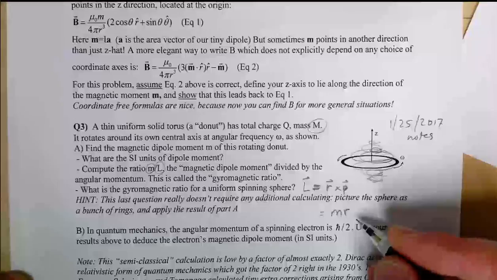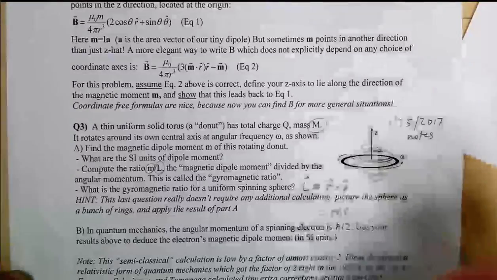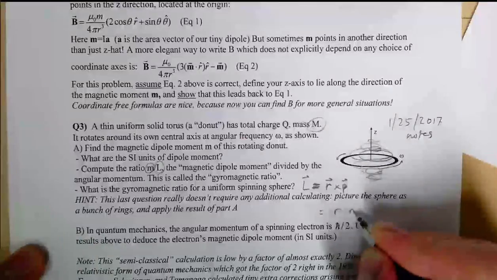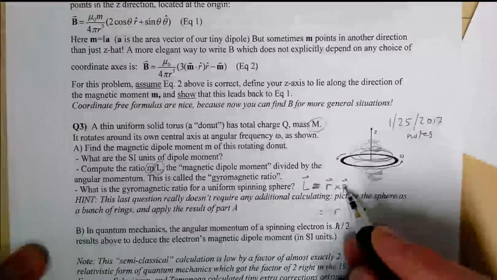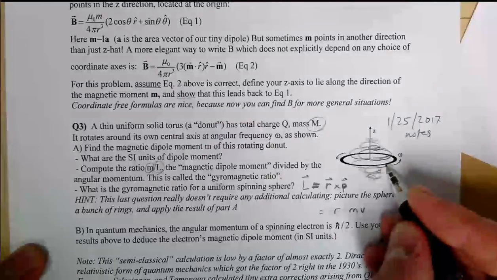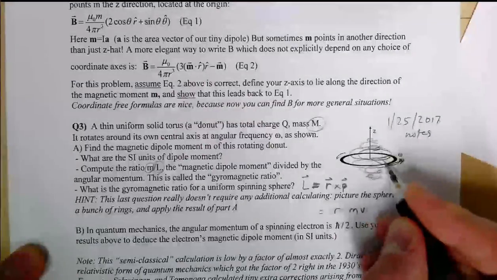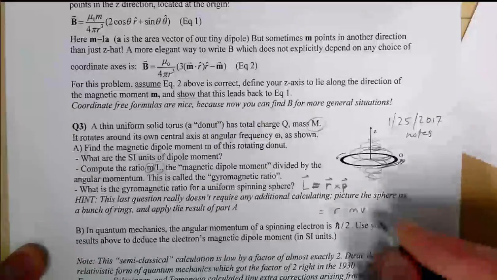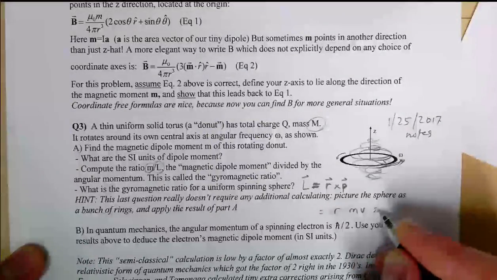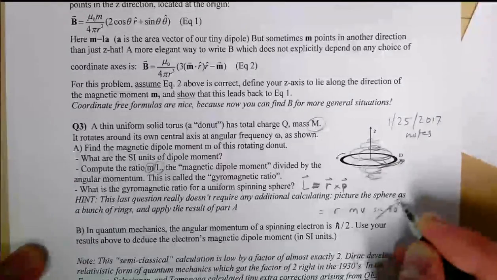Let me back up here. I'll say it's radius crossed with its momentum, which is mv, and if its momentum is always pointed perpendicular to its r vector, which it is in this case for a circle, then it'd be rmv times the sine of 90 degrees, right, which would be 1.